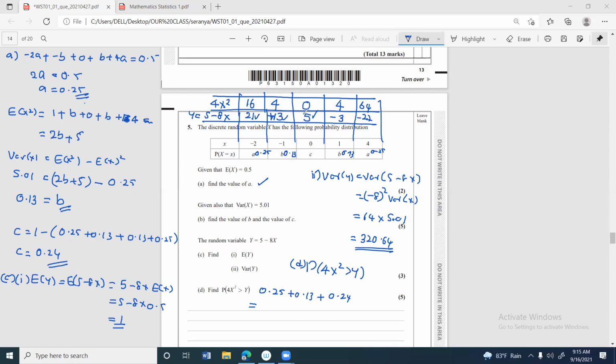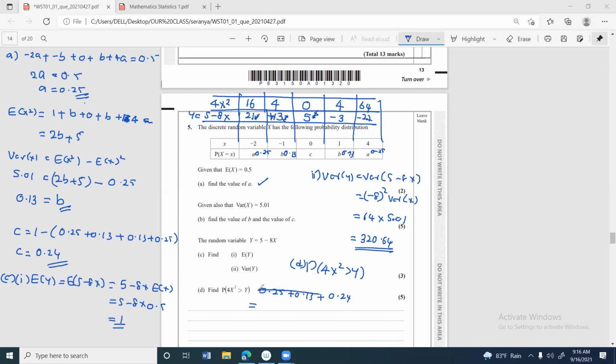If this is 0, it is 0. So we see 4x squared is bigger than y. That is, if you just do this, let me see whether this is fine. I made it the other way around. So it's not the answer.